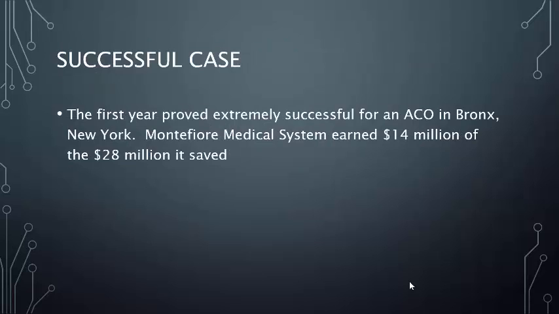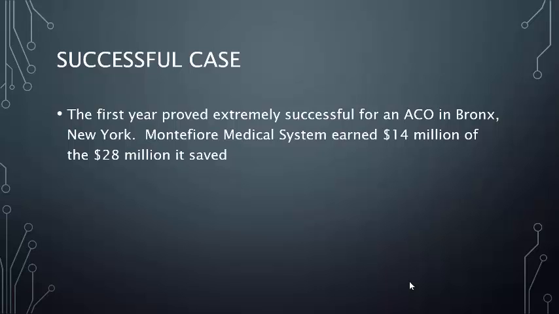Now, one of the bonuses of this is that as an organization, you get to keep a portion of what you save. And there was one case, and I believe this was in 2011, where this ACO in the Bronx, New York, saved $28 million in a period of time. They were able to keep 14 million of that for their system.